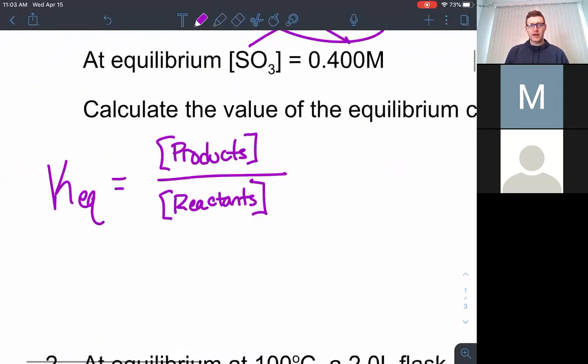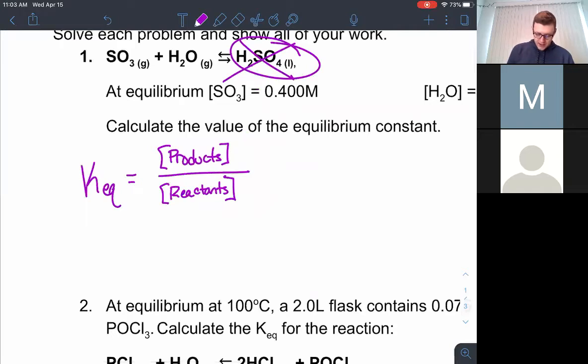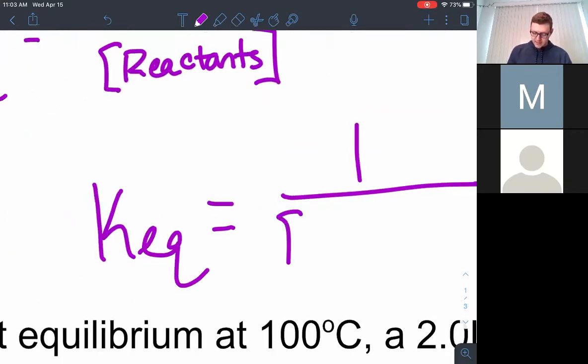So when we write out our equilibrium constant here, our KEQ is equal to our products, and since our product got canceled, it's just equal to 1 on the top divided by the concentrations of our reactants. So our reactants are SO3, which is a gas.